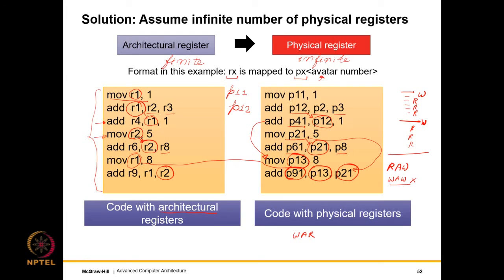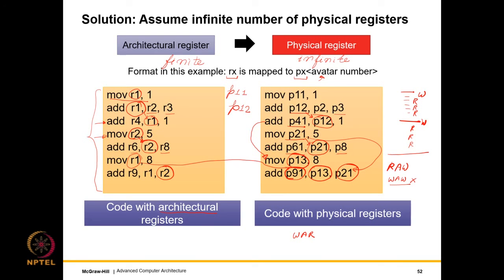They are in separate registers. So even if we were to reorder these two instructions, it will make no difference at all, because they are accessing different registers. The write after read is an issue only when they are accessing the same register.